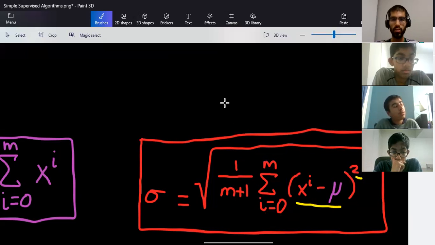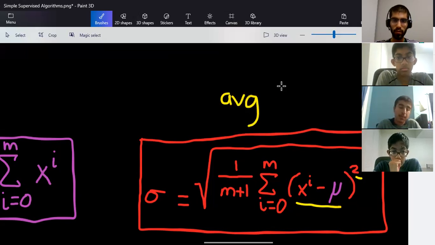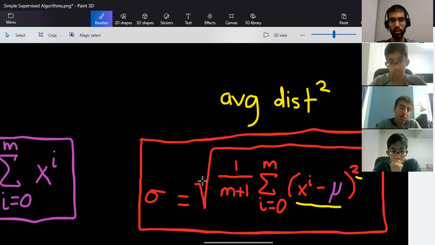So it's almost like you're taking the average distance squared. And because you're taking the average distance squared, then take a square root at the end so that you get rid of the squared. So you find the average distance between any points and the mean.